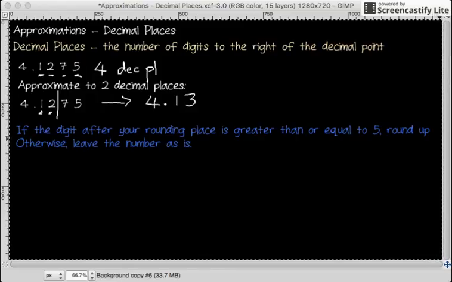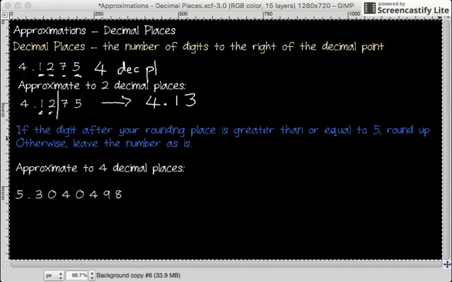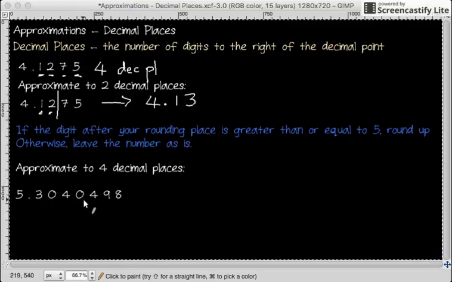Let's look at another example before we go. Let's approximate this number here, 5.304048, to 4 decimal places. Again, we count off the number of decimal places. There's a decimal point there, so we go 1, 2, 3, 4. That's where we draw our cutoff line.